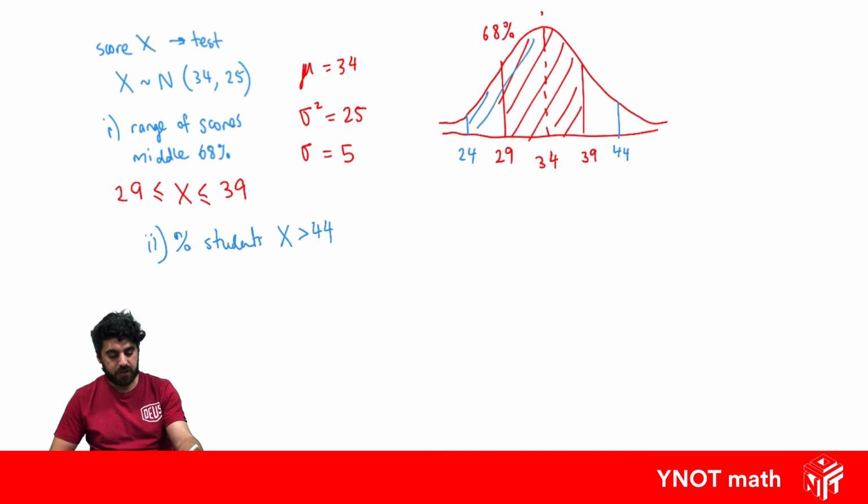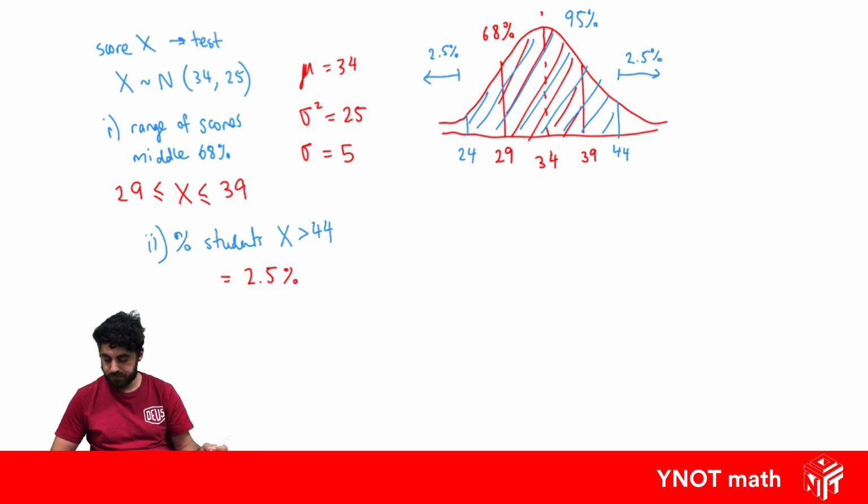And we know for this whole section here, this accounts for 95% of all scores. Which means that these leftover parts account for the remaining 5%, and because they're distributed evenly, this has to be 2.5%, and this has to be 2.5%. So the percentage of students getting greater than a score of 44 is just going to be 2.5%.